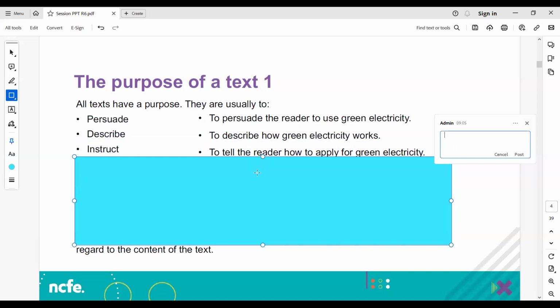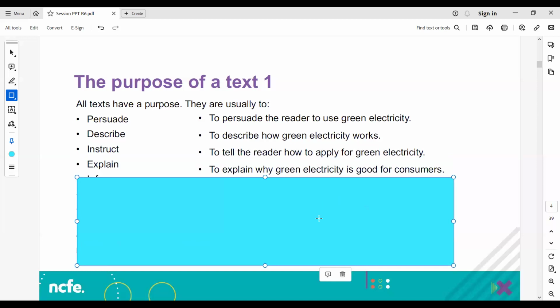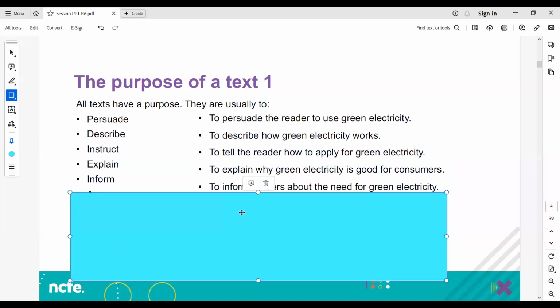Another purpose could be to instruct, to tell the reader how to apply for green electricity. To explain, so explain why green electricity is good for consumers. To inform, so in this case to inform readers about the need for green electricity.